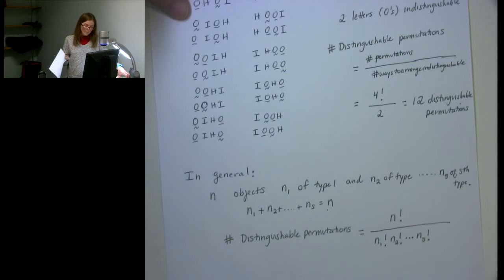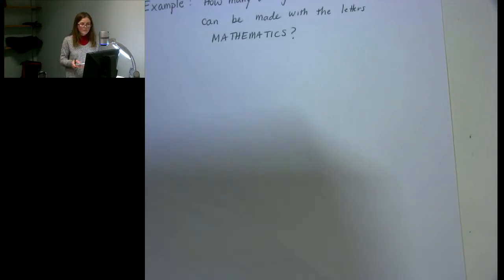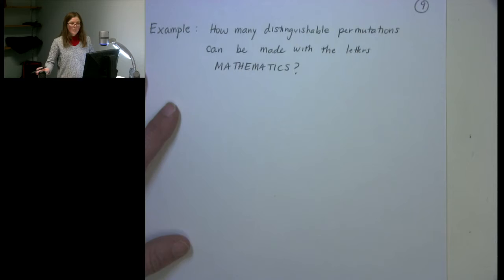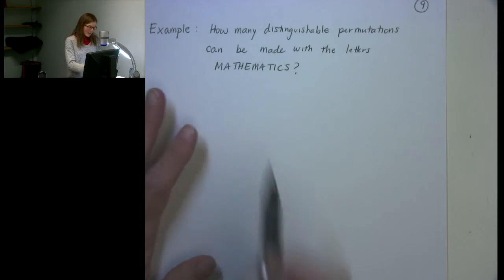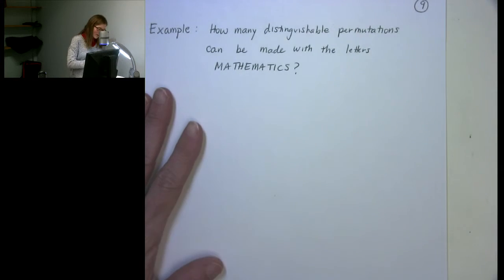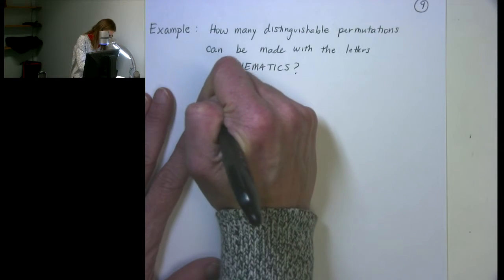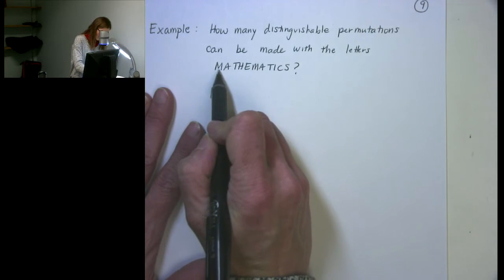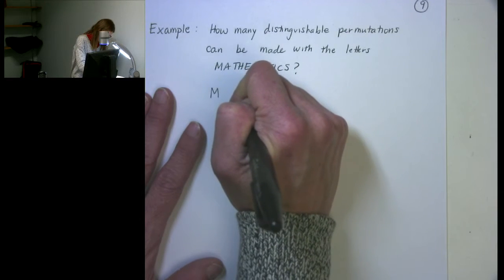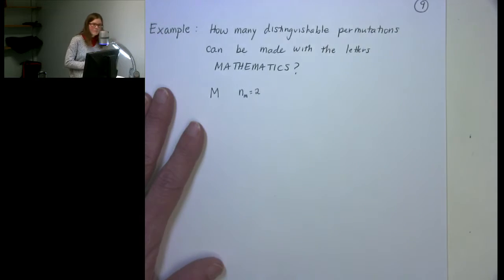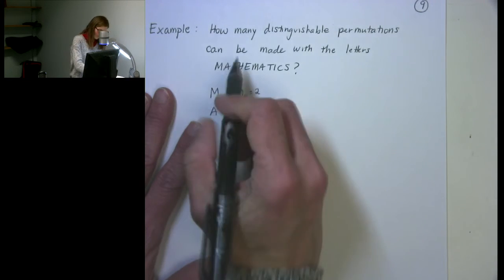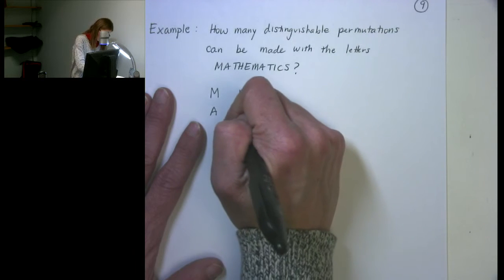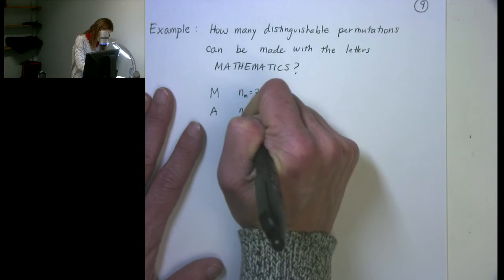So, for example, if I were looking at how many distinguishable permutations can be made with the letters in the word mathematics, I can look through it and see what I have for letters. I have letters of type M, and I've got 2 of those. I've got letters of type A, and there are 2 of those.